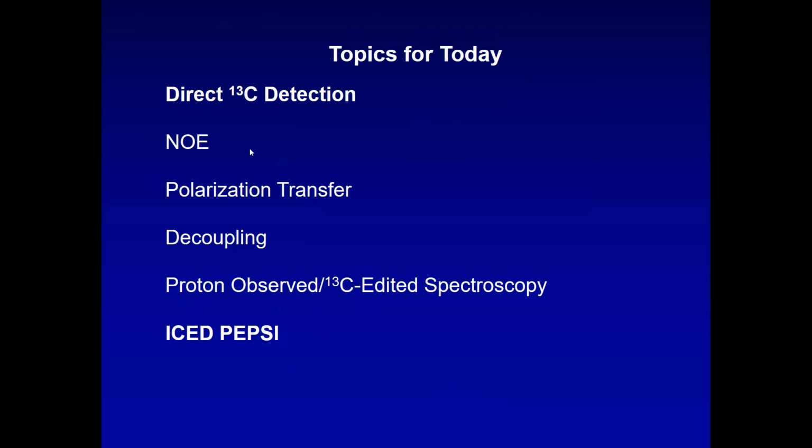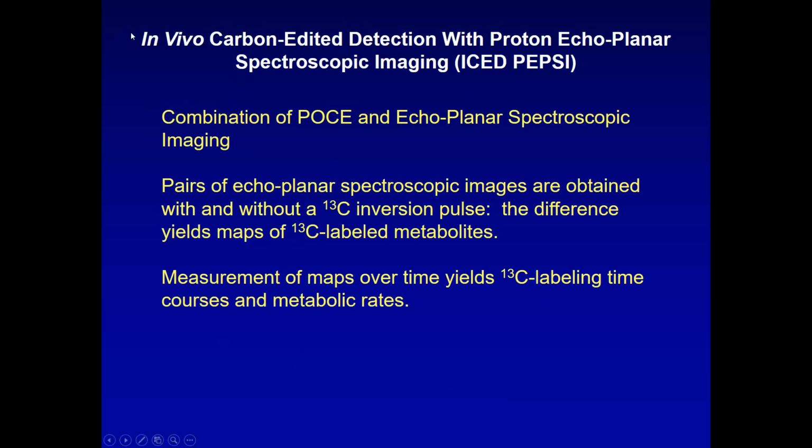Now we move to another level of regional specificity that is made possible by the POCE approach. PEPSI: the name comes from in vivo carbon edited detection with proton echoplanar spectroscopic imaging.